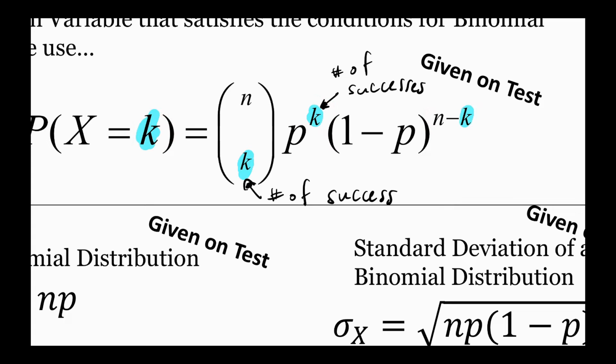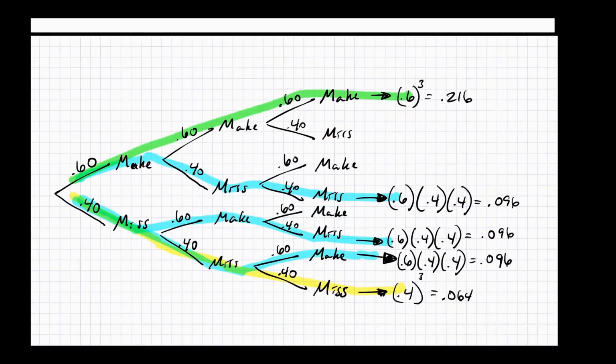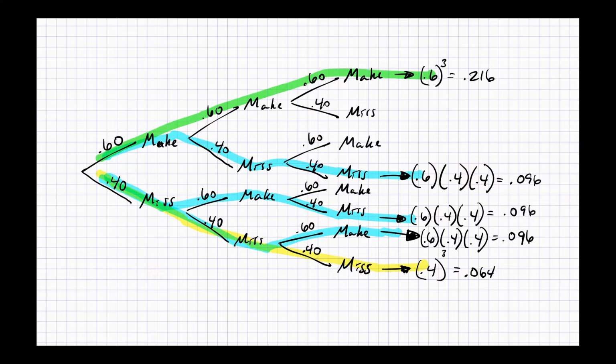Okay, so this part right here. This is what we call a combination. This will tell us how many paths there are on a tree diagram, like the one we did earlier. There was one path for all makes.